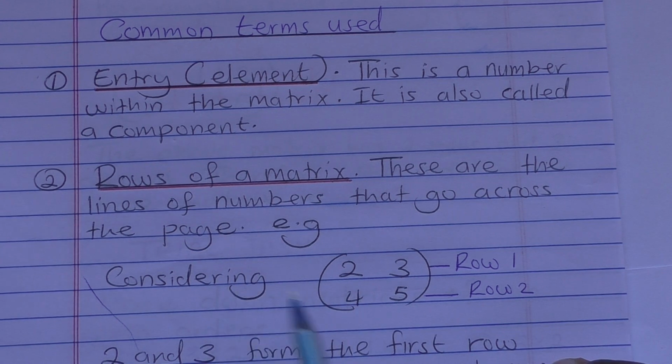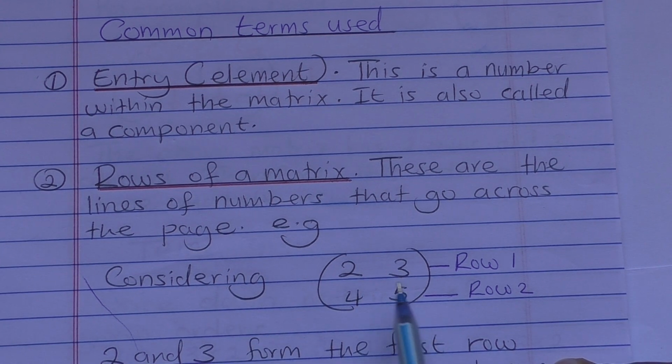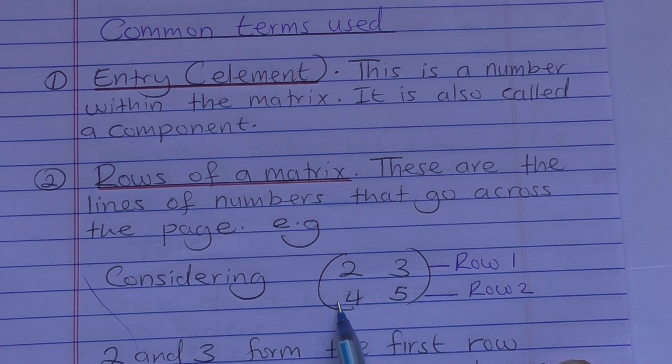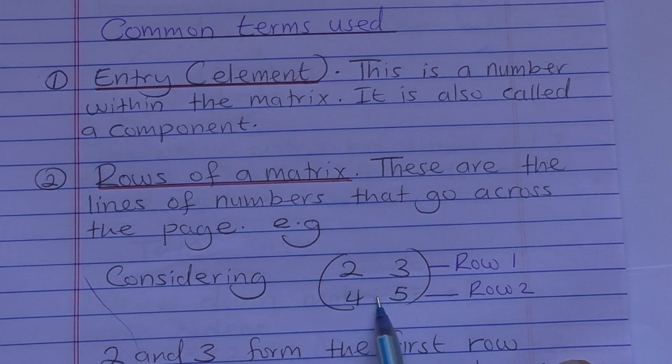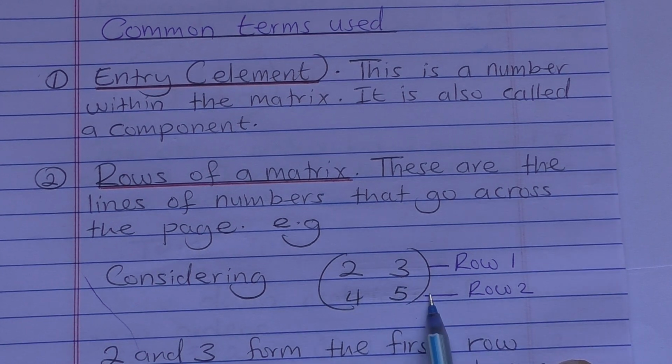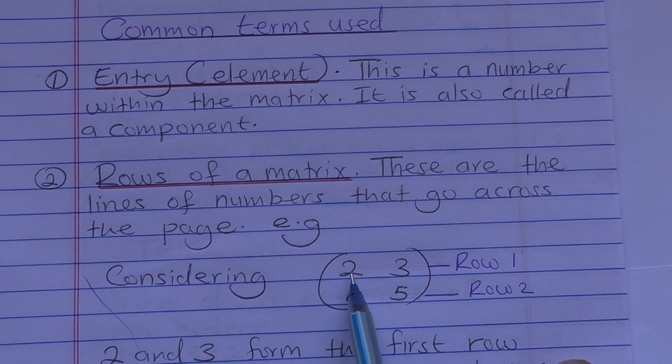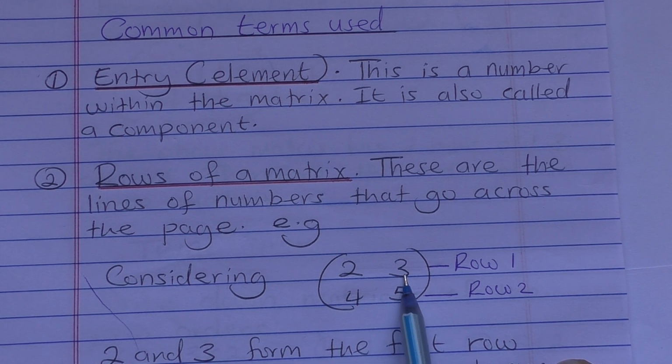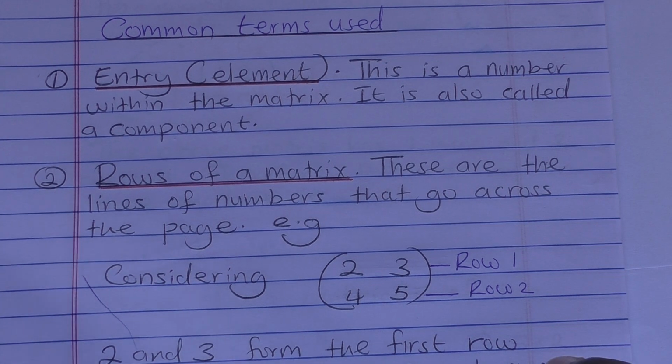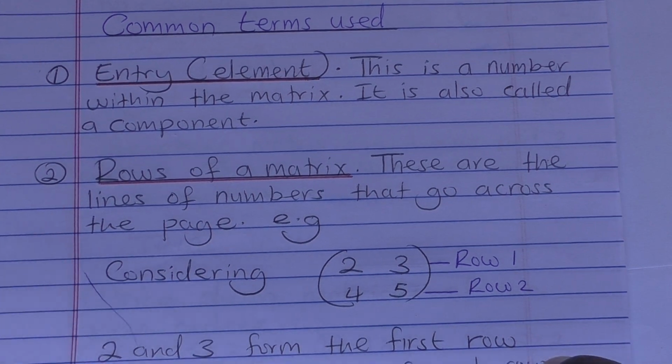For instance, considering our matrix, these are the rows, the lines of numbers that go across the page. So this is row 1, this is row 2, meaning that elements 2 and 3 form the first row, and elements 4 and 5 form the second row. So that is how we determine the rows of a matrix.